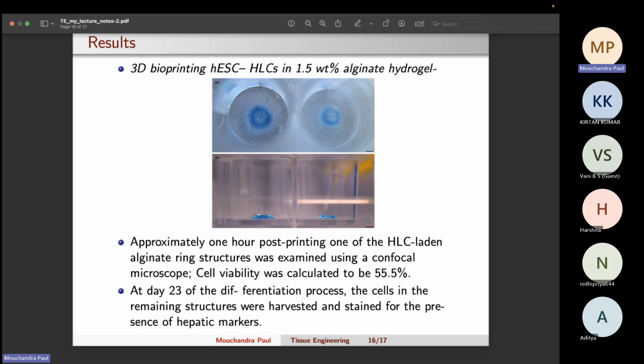Because of that, they have mixed this hydrogel with some kind of blue colored dye so that the pictures become much clearer. So it is not blue in nature. They have used 1.58% sodium alginate, and the sodium alginate is modified with RGD peptides so that cells can adhere to it and function.